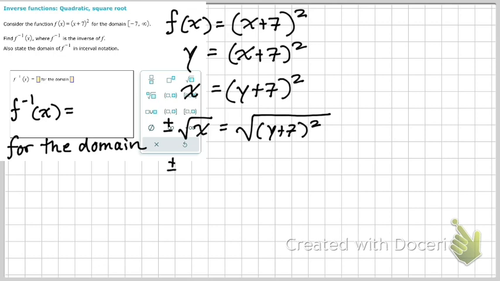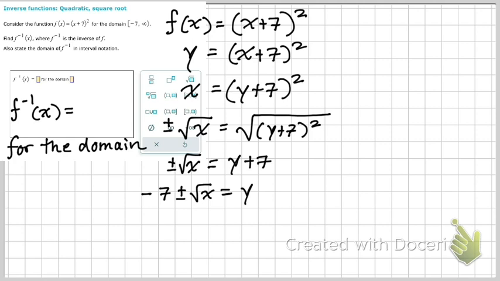So I'm going to have plus or minus square root of x is equal to, and then here hopefully you see that the square root of the square undoes itself, and I just have y plus 7 on the right side. Okay, continue solving for y, and I get negative 7 plus or minus rad x is equal to y.